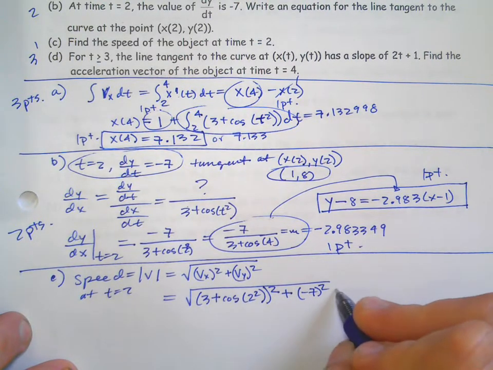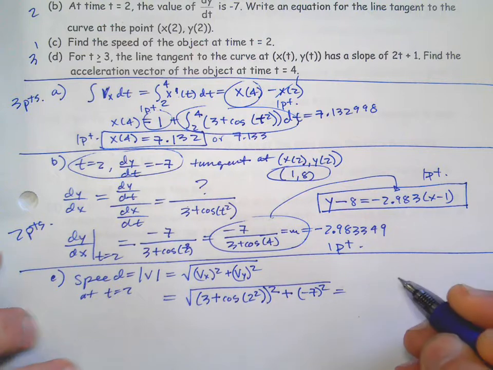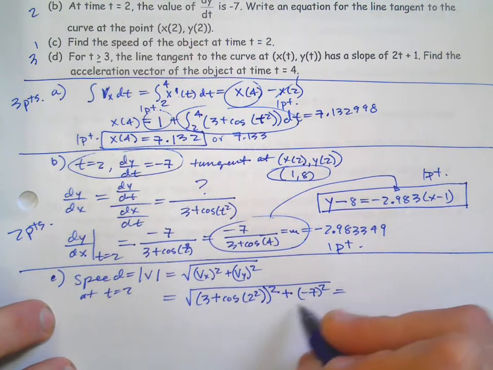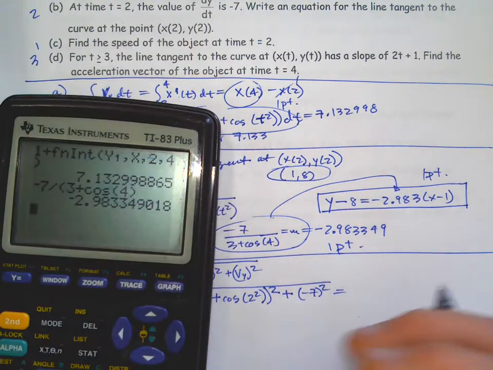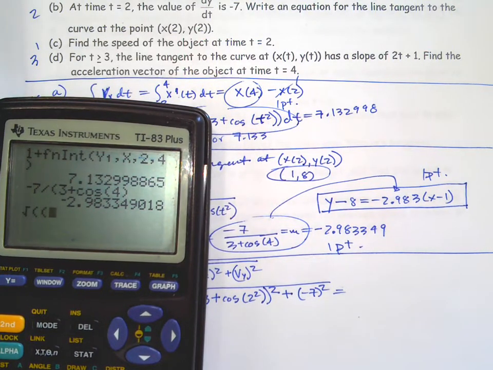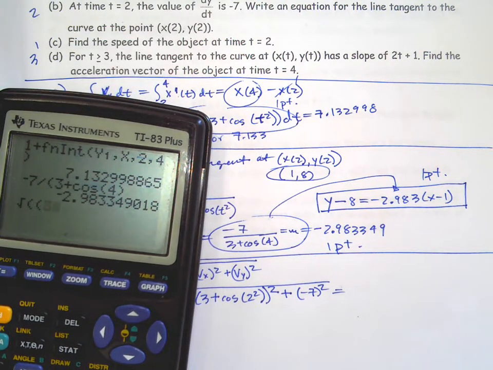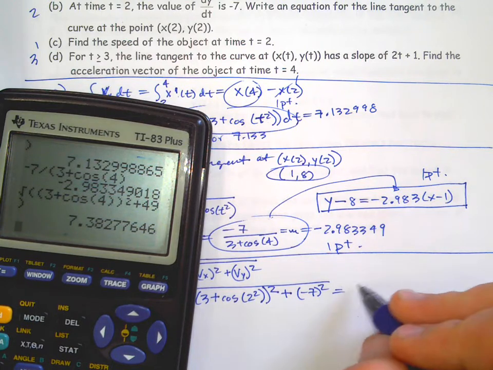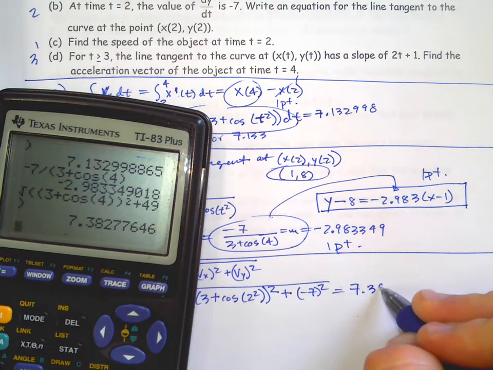And so, I mean, this is good enough. We could put our calculator on now if you want. Second square root, parentheses, 3 plus cosine 4, close parentheses, squared, plus 49 is 7.382.